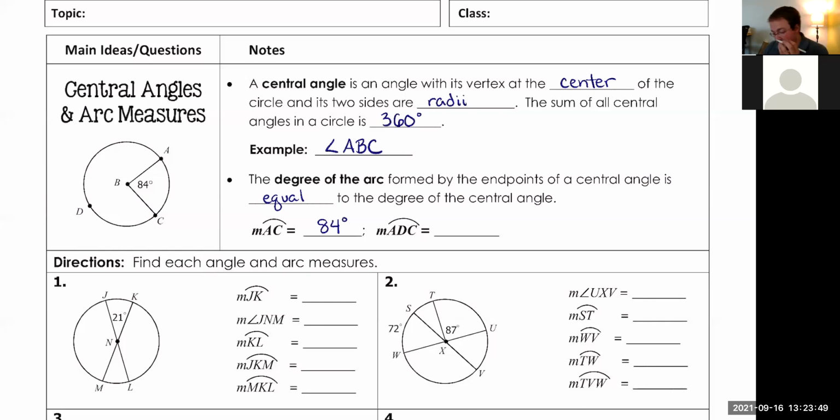Where'd that number come from? I subtracted 84 from 360. Yeah, understood what you meant. So subtracting 84 from the 360 total of the circle, what's remaining is the rest of that circle. So it is 276 degrees.